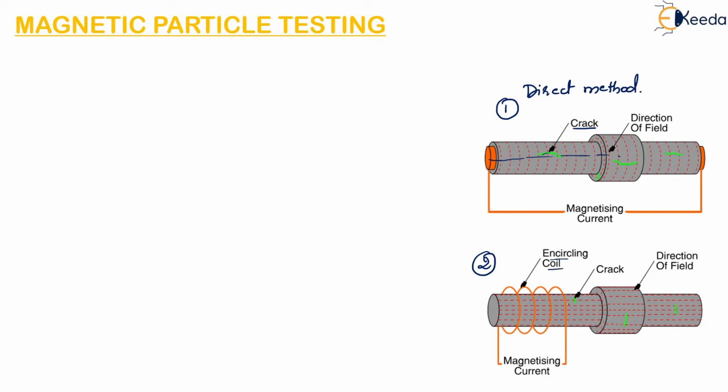If there are cracks, you can see that this encircling coil is producing a magnetizing current. So in this method we can find transverse as well as circumferential defects. So this is the indirect method, second form.